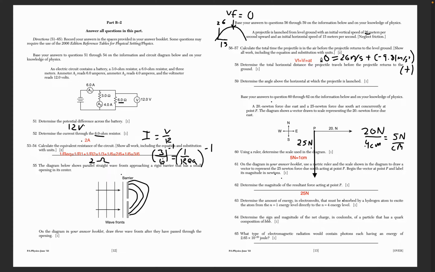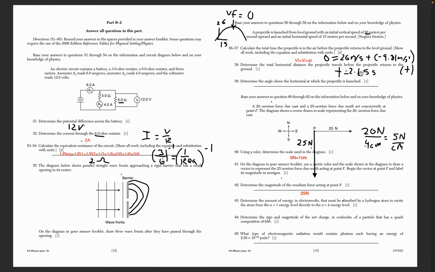Move 26 to the other side, and you get negative 26 equals negative 9.81 t. Divide both sides by negative 9.81, and you should get t equals 2.65 seconds.